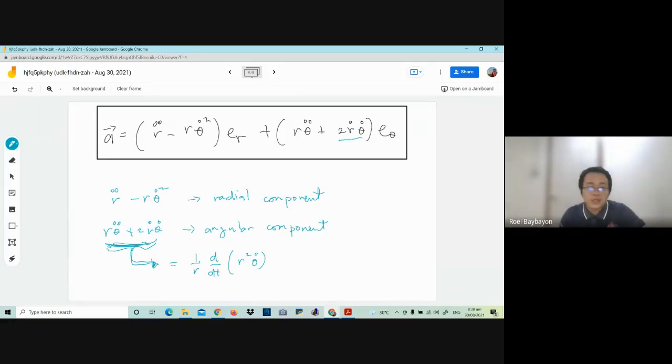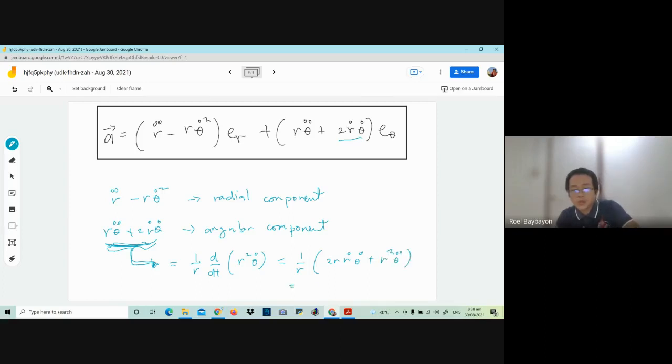Maklaro ba nga equal sila? Because kung tan-awon nimo, naa tay 1 over r, take the derivative of this, naa tay 2 terms: 2r r dot theta dot plus r squared theta double dot.